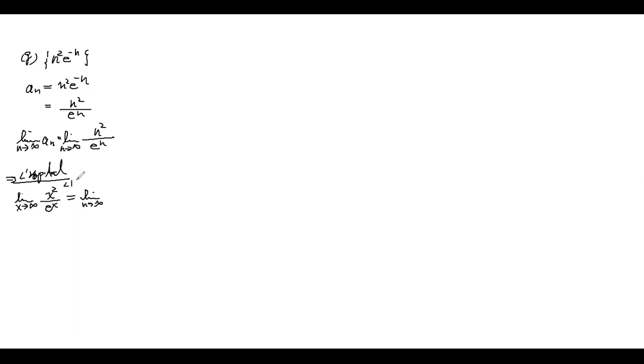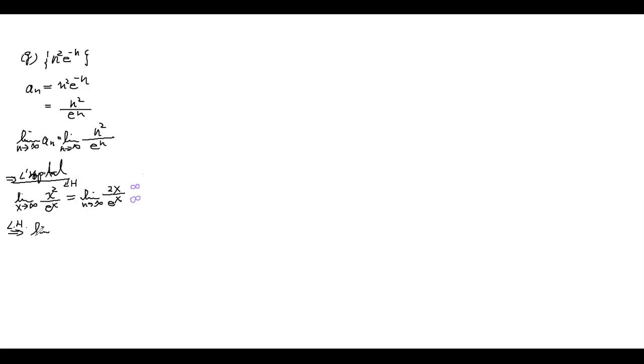The derivative of x squared is 2x, and the derivative of e^x is still e^x. Now if you substitute x with infinity, you still have infinity over infinity, so we still cannot determine. So I'm going to apply L'Hopital's rule one more time.